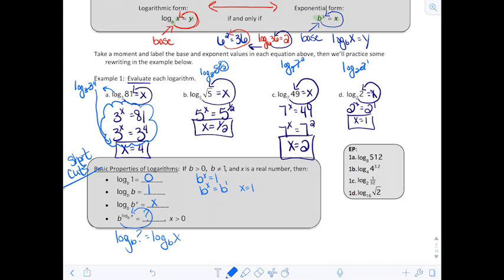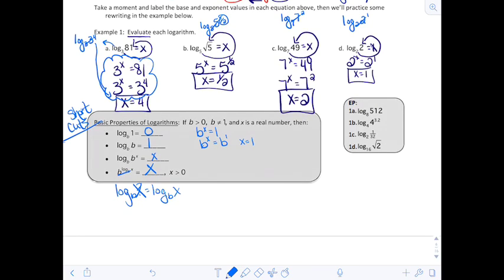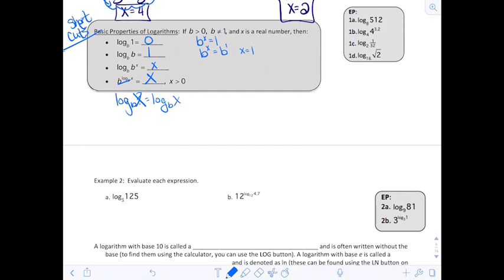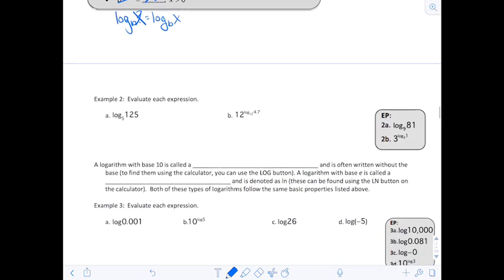Well, that question mark would have to be x. So with this rule, once again, you may notice the bases of the log and the exponential are the same, and it's just x that remains as our value. Okay, so those are just some shortcuts that you can use when we have some common expressions.